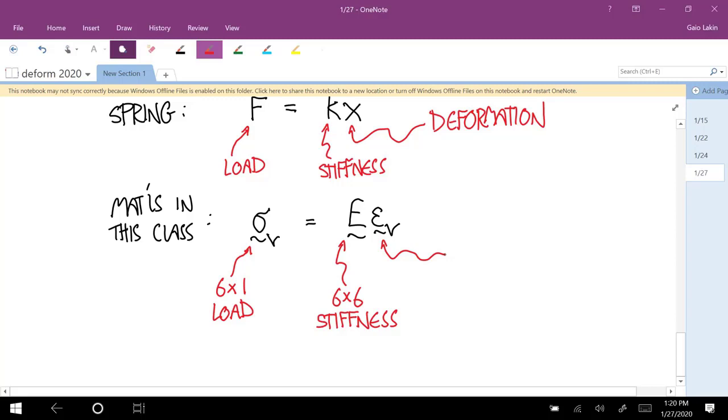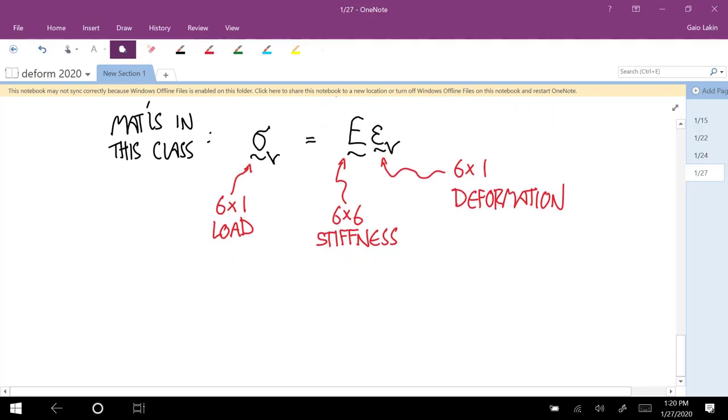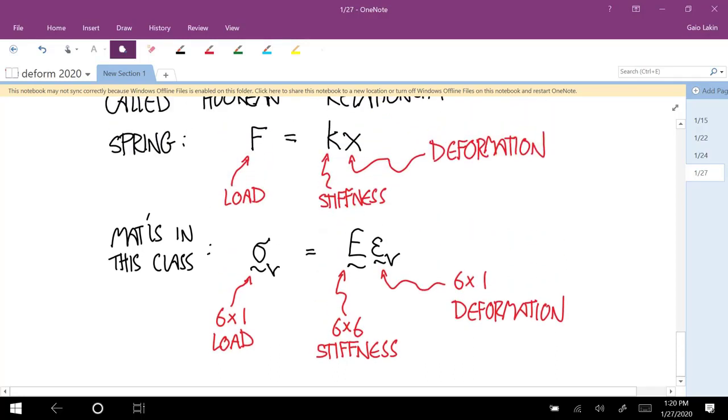And this epsilon is a 6x1 representing deformation. Okay, so it's a matrix form of that Hooke's law. Hooke's law is not a law.